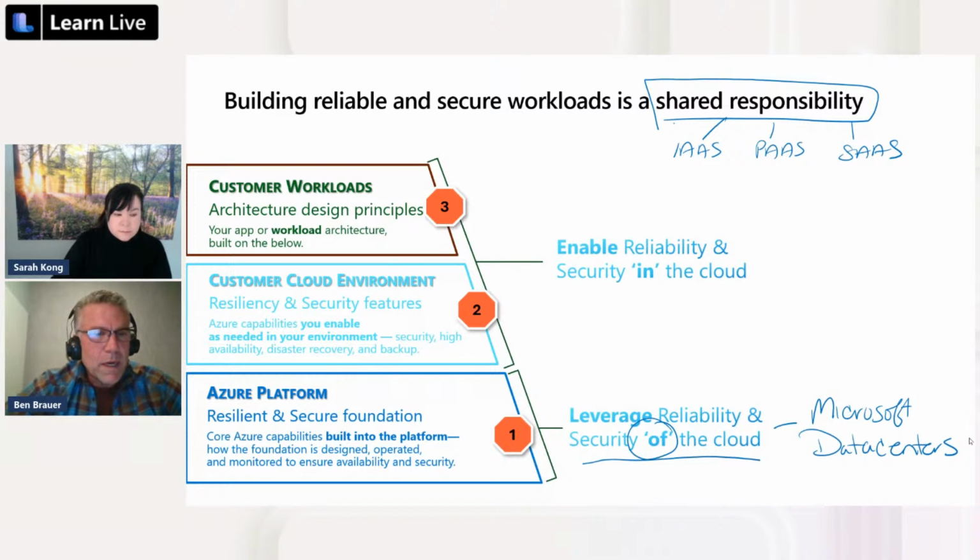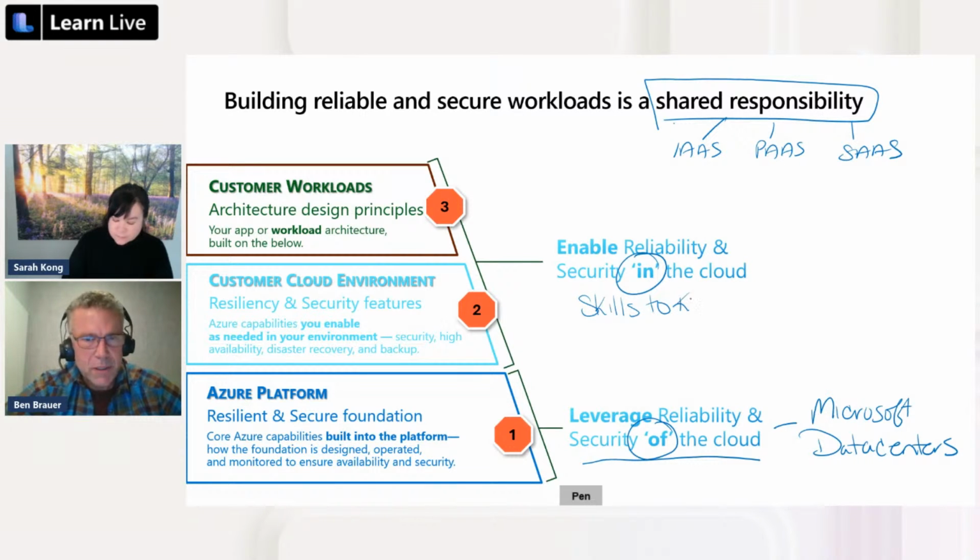Now, when you move up the stack and start to look at the customer cloud environment and the customer workloads, here we're talking about enabling reliability and security in the cloud. The reason that's an important distinction is this is where you as a user of the cloud need to make sure that you're using the tools and the know-how that we bring to you so that your workloads are staying secure and staying reliable or resilient.